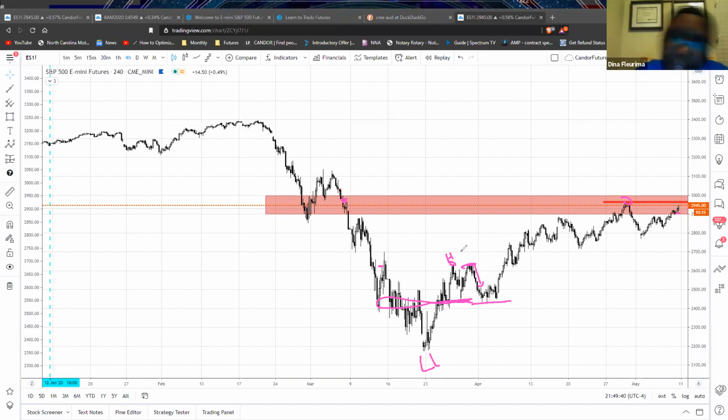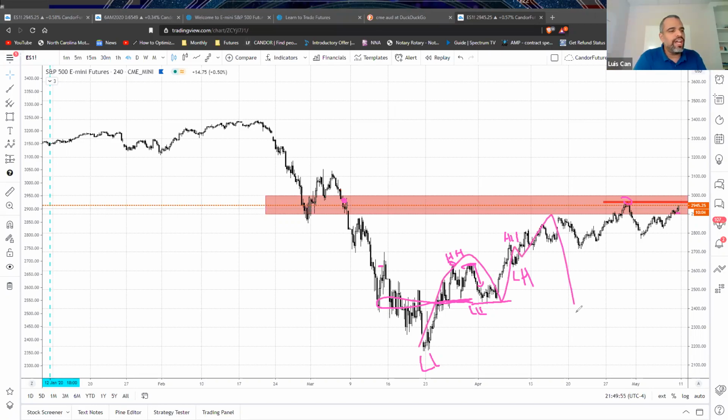You have a lower low, higher high, lower high. And so it does the same thing. And the markets do that over and over and all the time. Every market, they do the same thing.